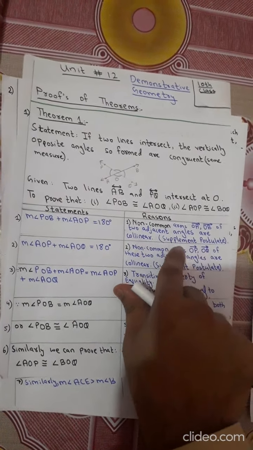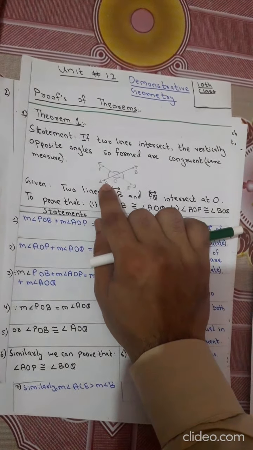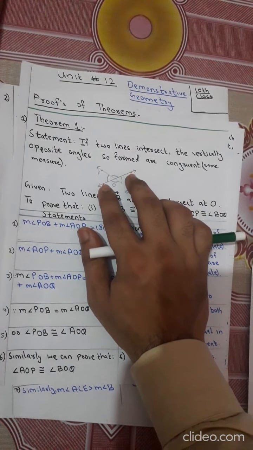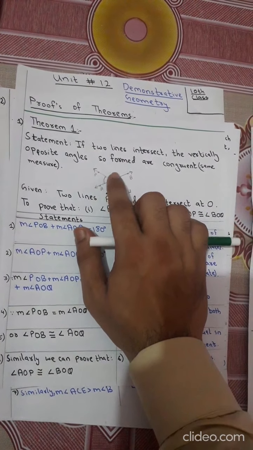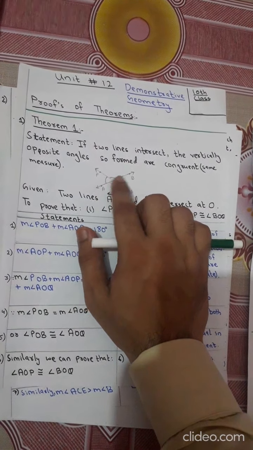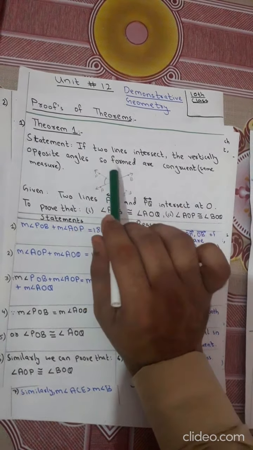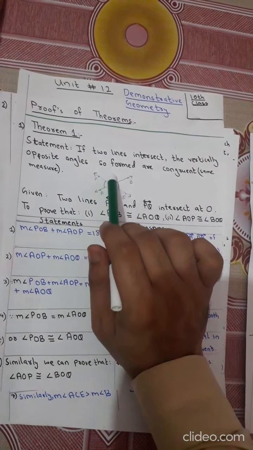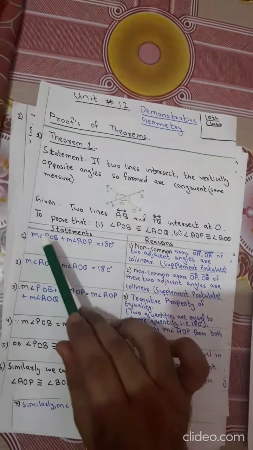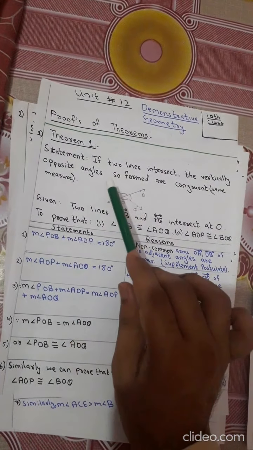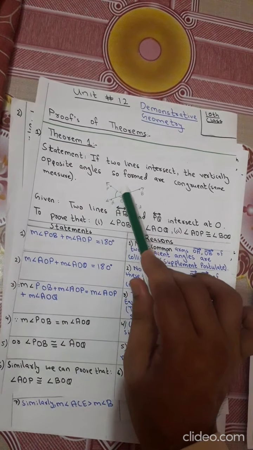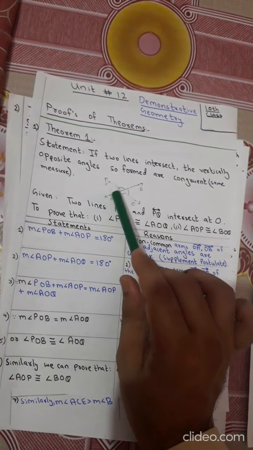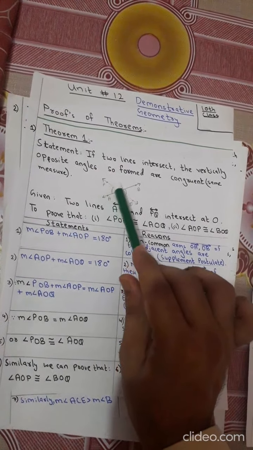By the supplement postulate, OA and OB are the two non-common arms of two adjacent angles and they are collinear, meaning these two angles are supplementary angles and add up to 180 degrees.